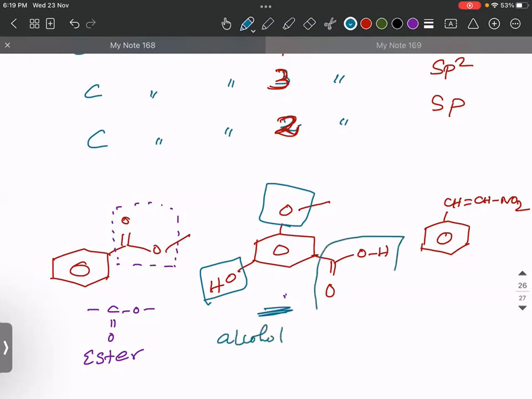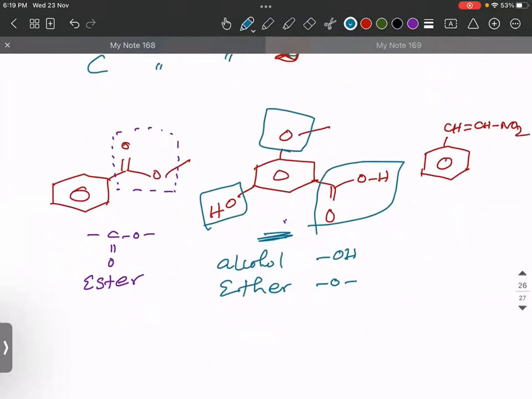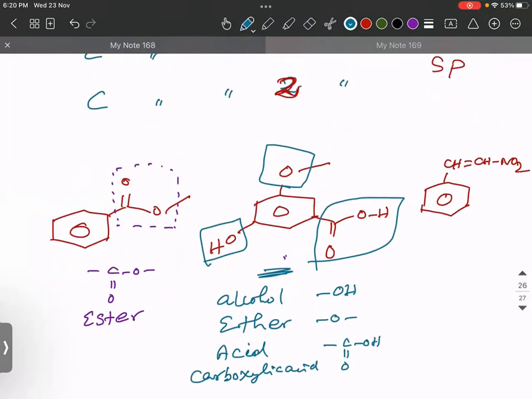This one now: alcohol OH, ether O, and the next one is acid. So you have to say carboxylic acid, the carbonyl group attached with OH. Now you tell me here.